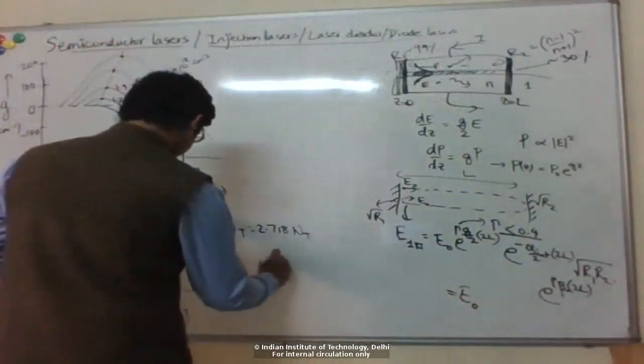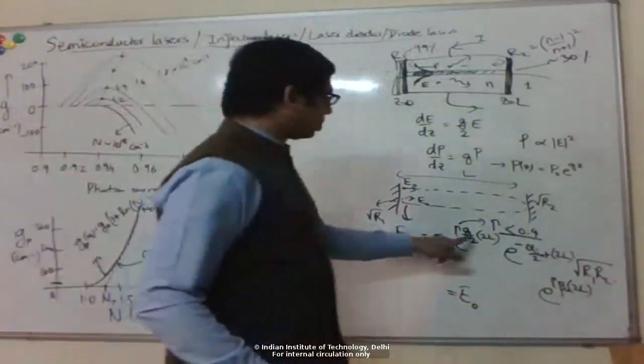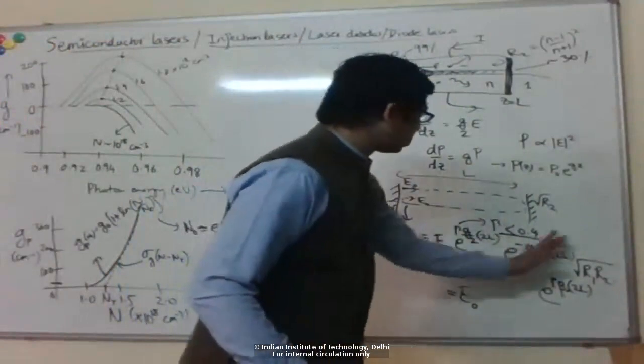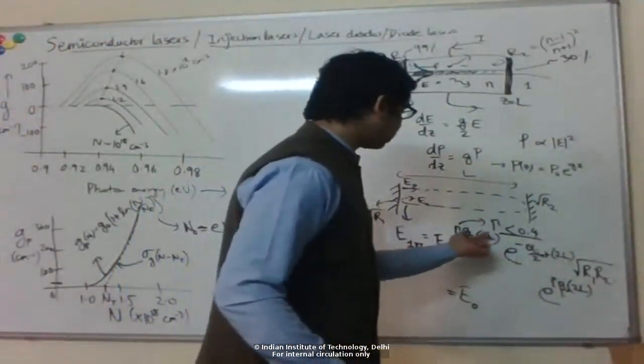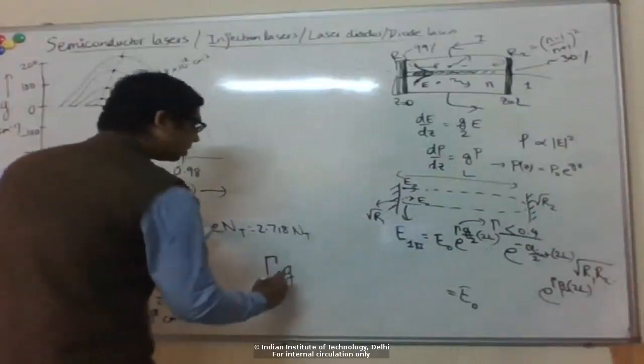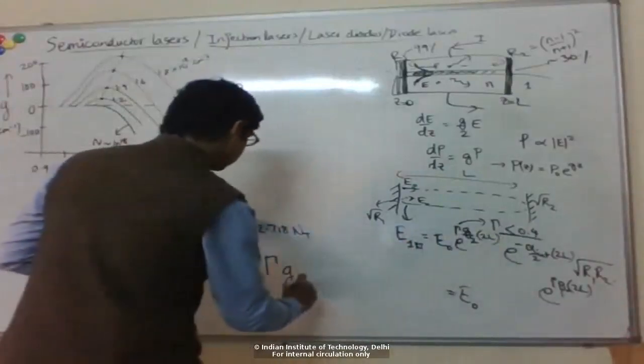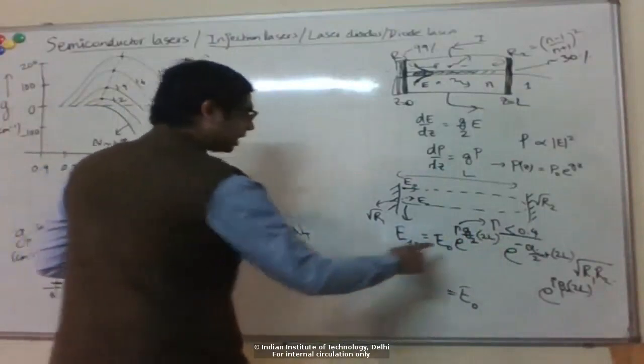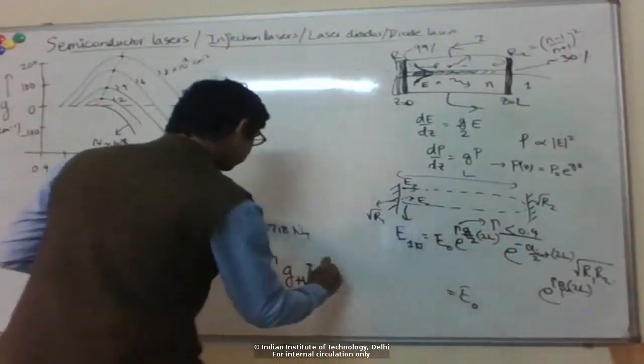So one is for the amplitude here. So we take the log of this to bring these factors down from the exponent. So we get a condition on the gain.